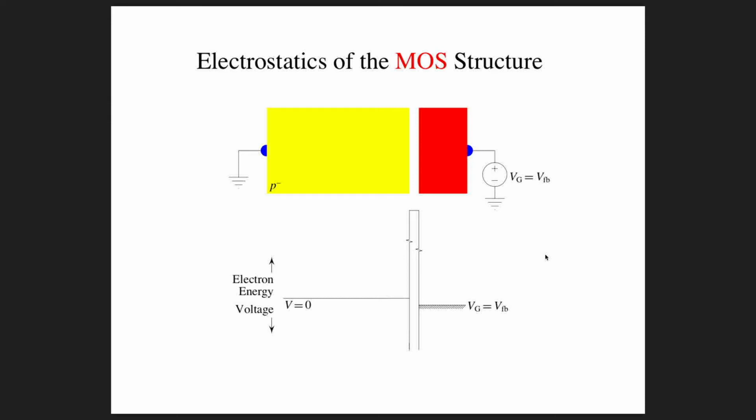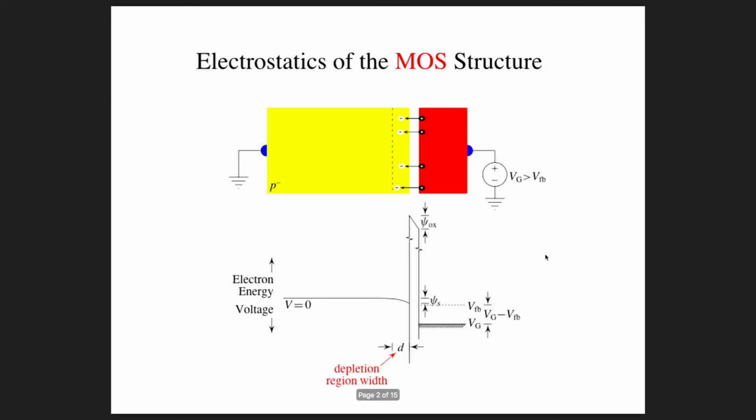And what that's going to do is to put some positive charges on the gate. Right? To raise the voltage here above flat band, we have to put some positive charges on the gate. They're going to send out their field lines and basically repel some of the mobile holes that are in the substrate here near the surface.